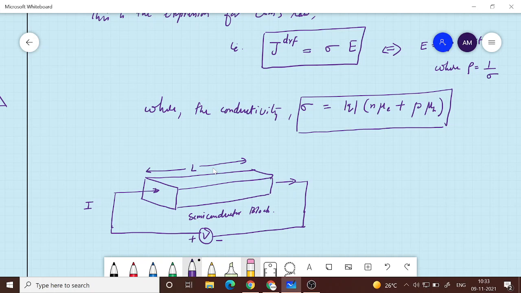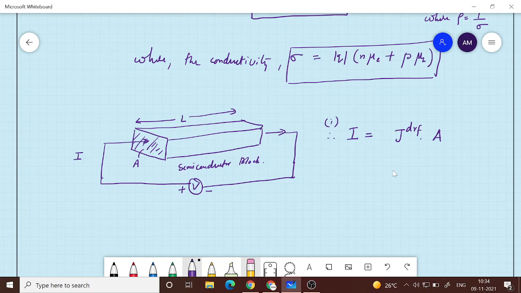But if you assume that it is uniformly doped, and this cross section area we call A, so I is basically J drift into A by definition.